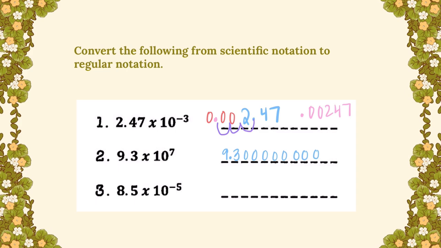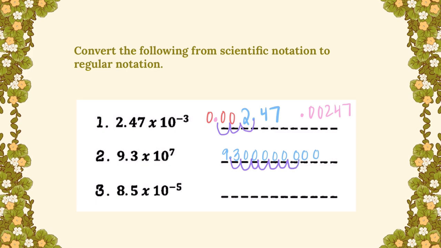So I'm just going to count over 7. Oops, let me try again. 1, 2, 3, 4, 5, 6, 7.